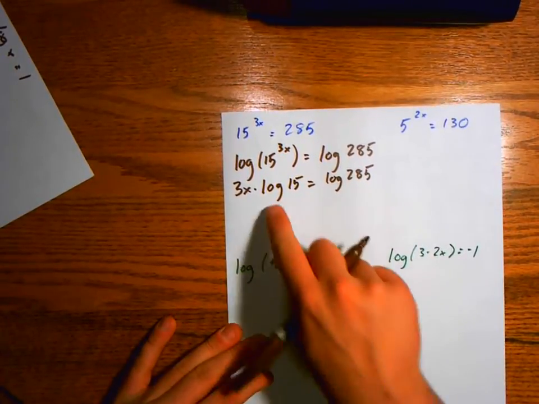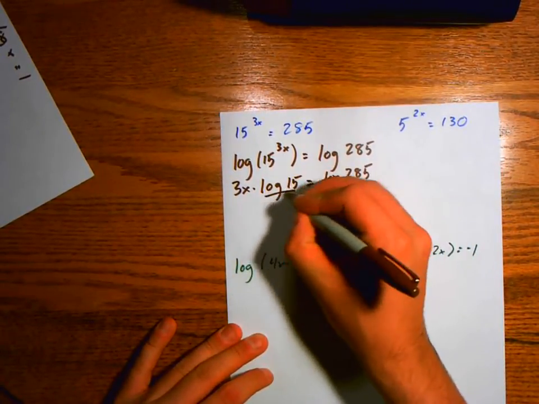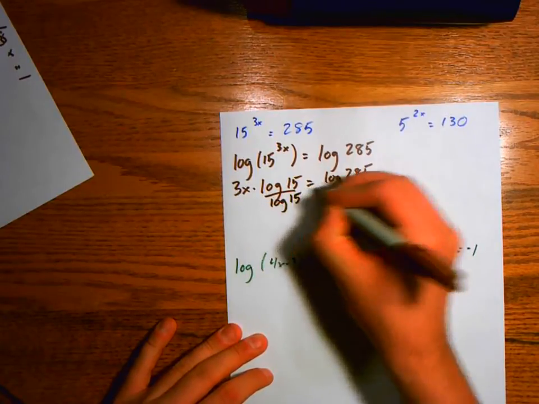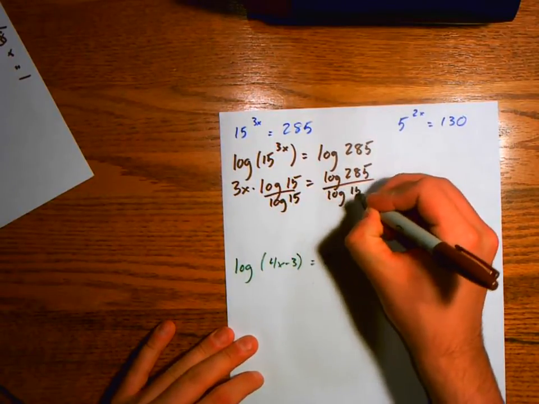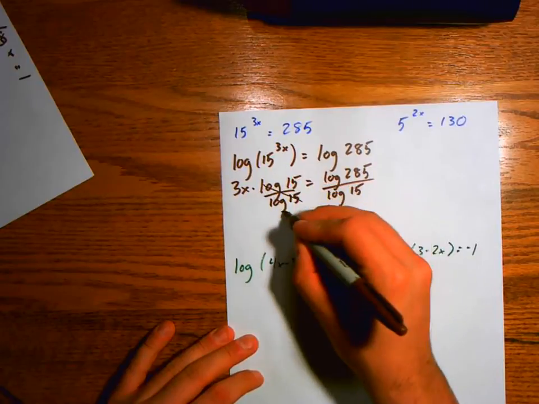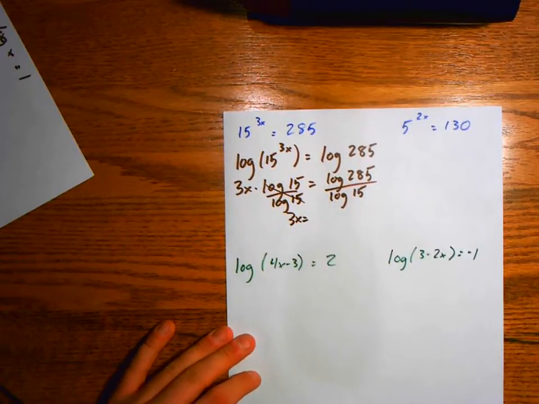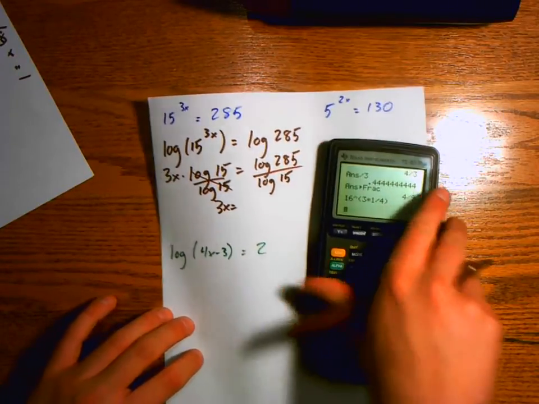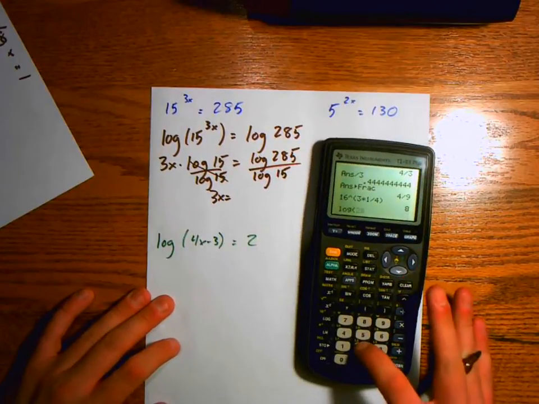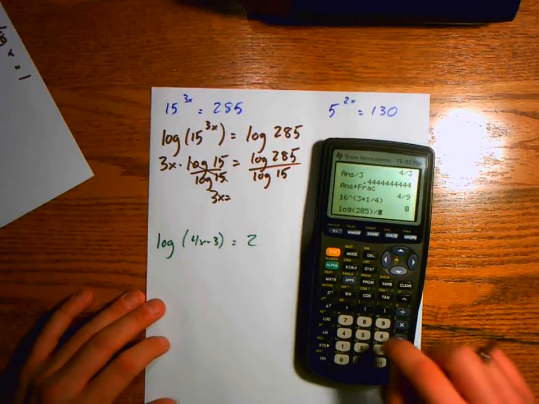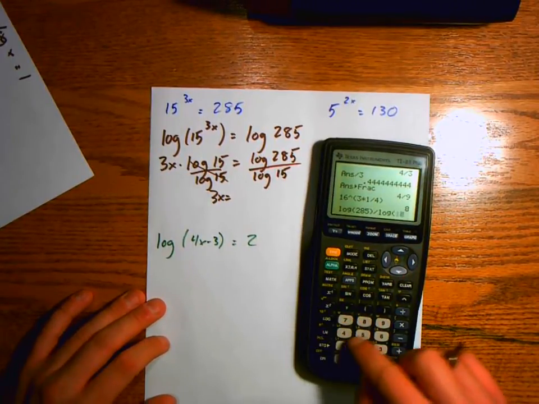And then by dividing both sides by the log of 15, these cancel out, and we have 3x equals log 285 divided by log of 15.